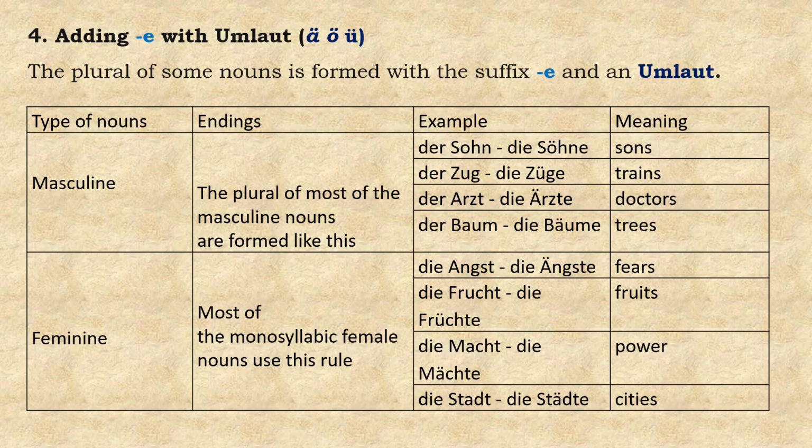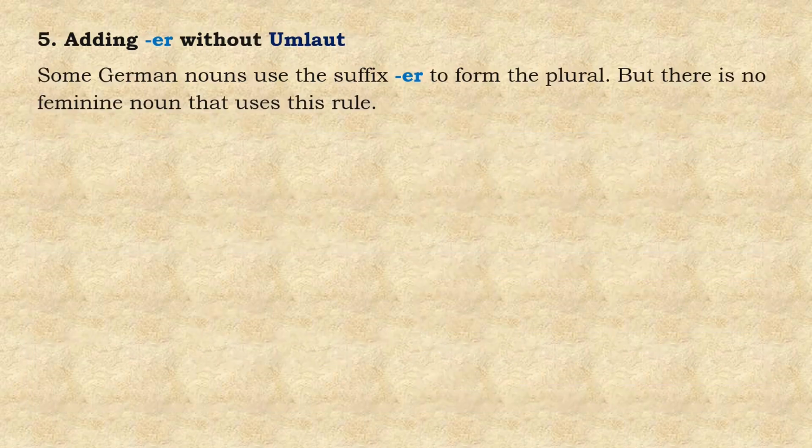Most of the monosyllabic female nouns use this rule. Die Angst, die Ängste, die Frucht, die Früchte, die Macht, die Mächte, die Stadt, die Städte.